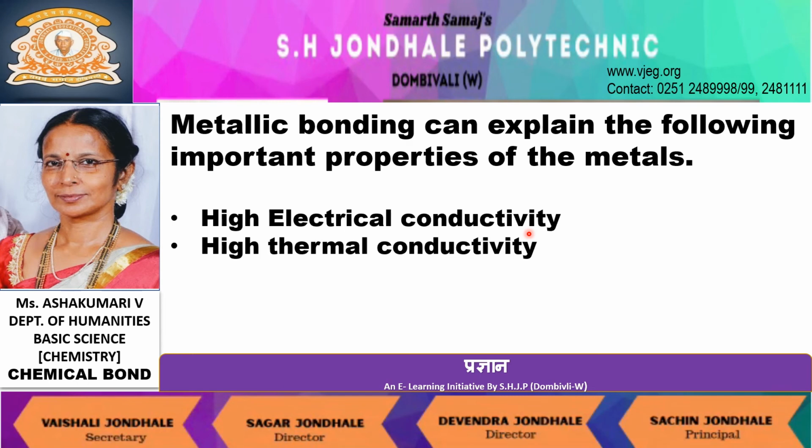Metals have high thermal conductivity. This is also due to the presence of mobile electrons. If one part of the metal is heated, the electrons in that part acquire a large amount of kinetic energy. Being free, these electrons move rapidly through the crystal and transfer heat to other parts of the metal.